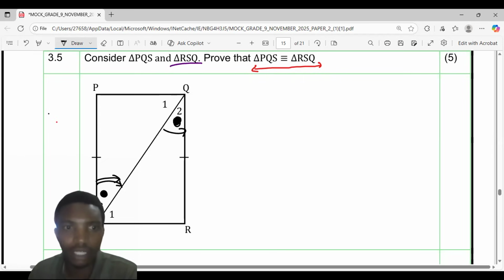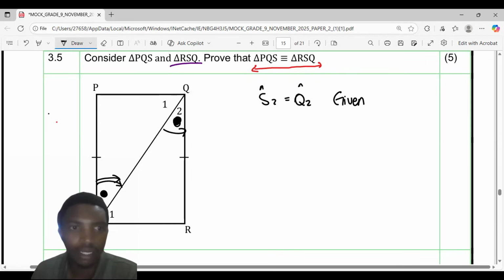So we can simply say that angle S2 is equal to angle Q2. It is given. And the other one, this side here is equal to that side, which is side PS equal to side QR, also given to us.